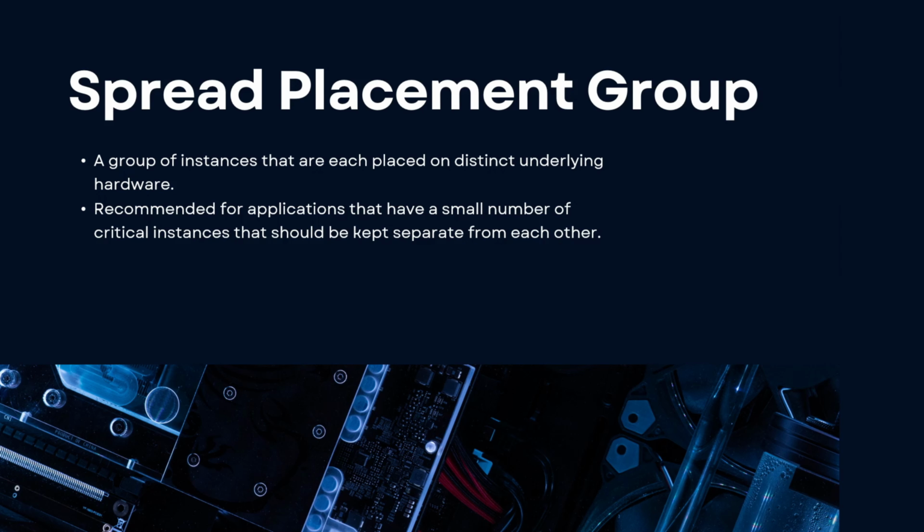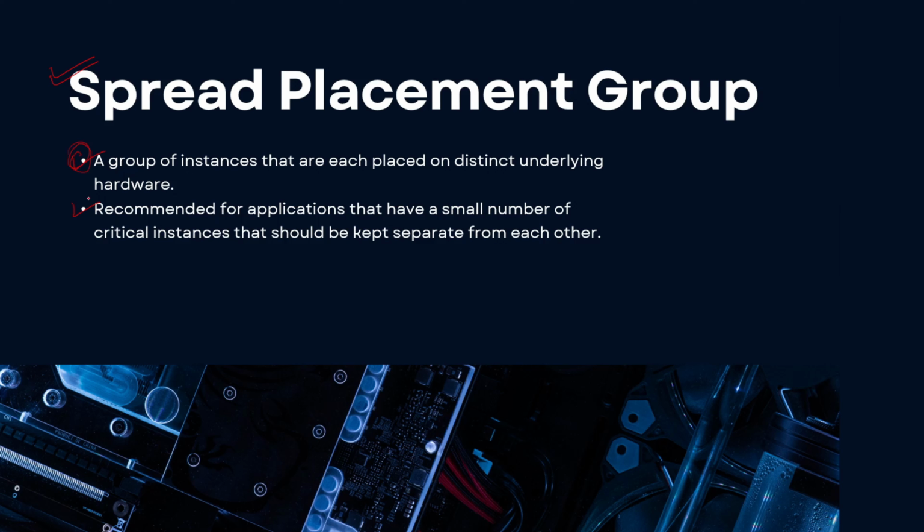Moving on, we have the second type of placement group, which is called the spread placement group. It is a group of instances that are each placed on distinct underlying hardware, and it is recommended for applications that have a small number of critical instances that should be kept separate from each other. So what does that first point mean?